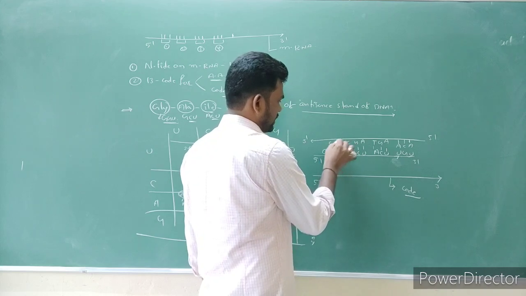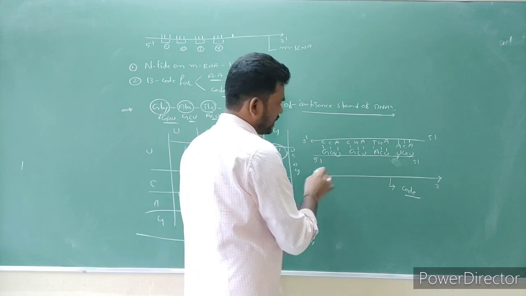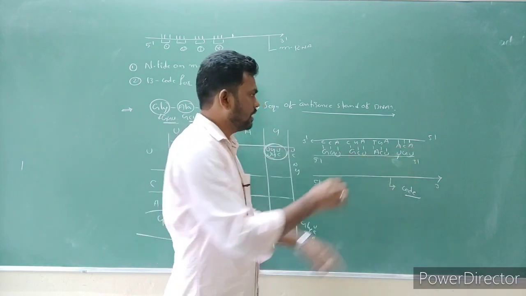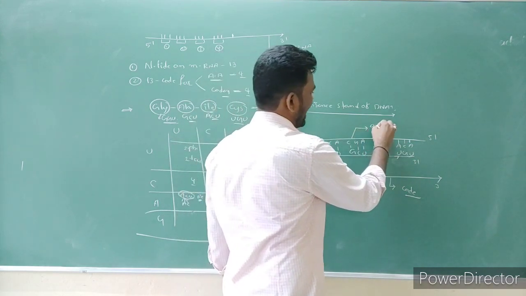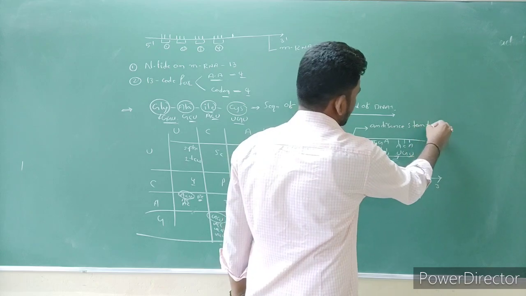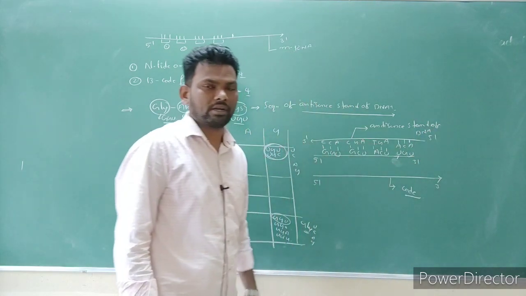Adenine, cytosine. G is C. Right? Now you can see this is actually the sequence of what? This strand is the antisense strand of DNA, which acts as a template.